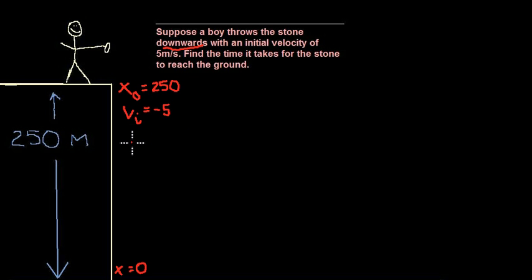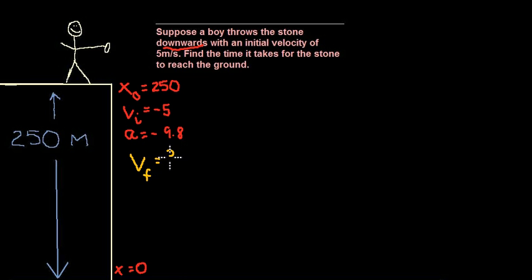Next, we have to find the acceleration. It's not given to us, but once again, since the stone is in free fall, we know that the acceleration is going to be negative 9.8 meters per second squared. The only thing they haven't given us, aside from the time, which they want us to find, of course, is our final velocity.